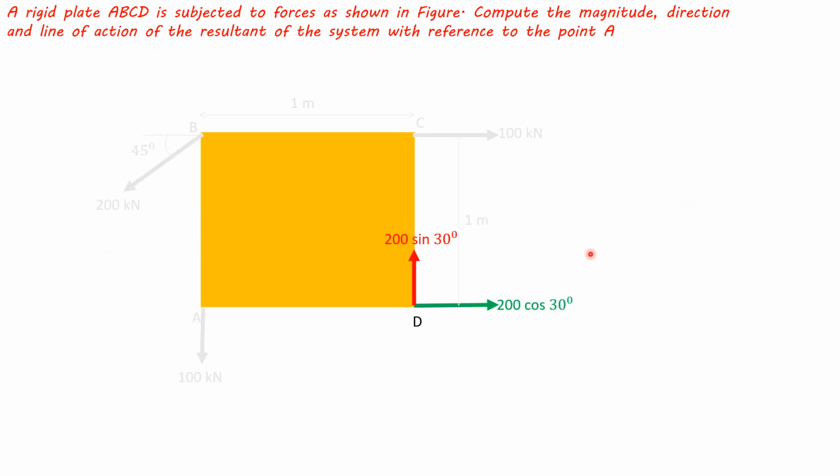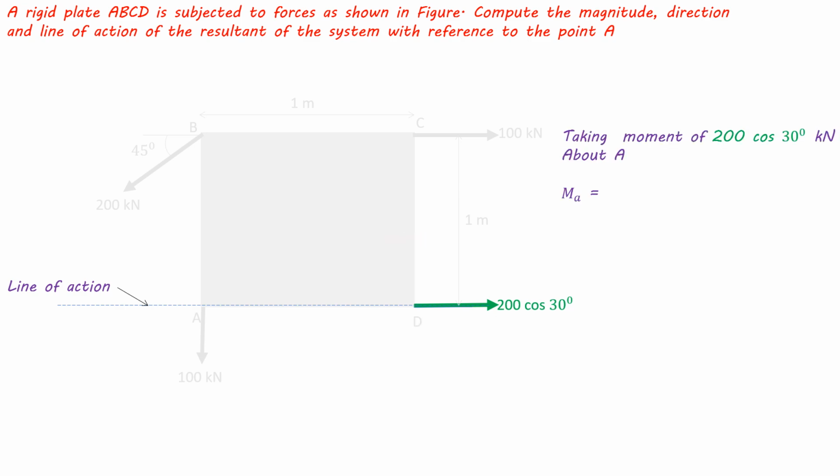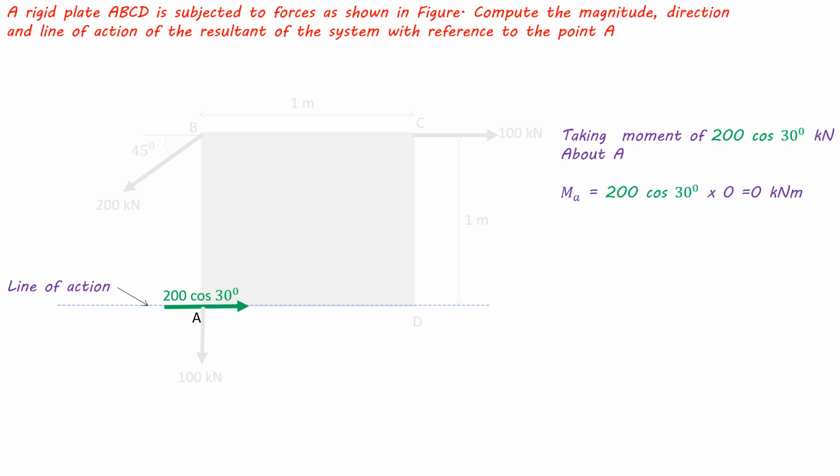Now, taking moment of these two components about point A. The line of action of the 200 cos 30 degrees horizontal component passes through point A, so the perpendicular distance is 0. So 200 cos 30 degrees into 0 equals 0 kN meters.